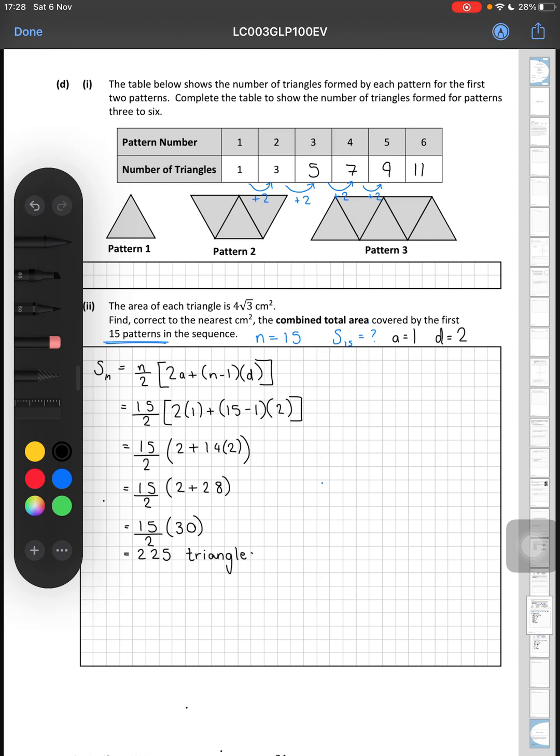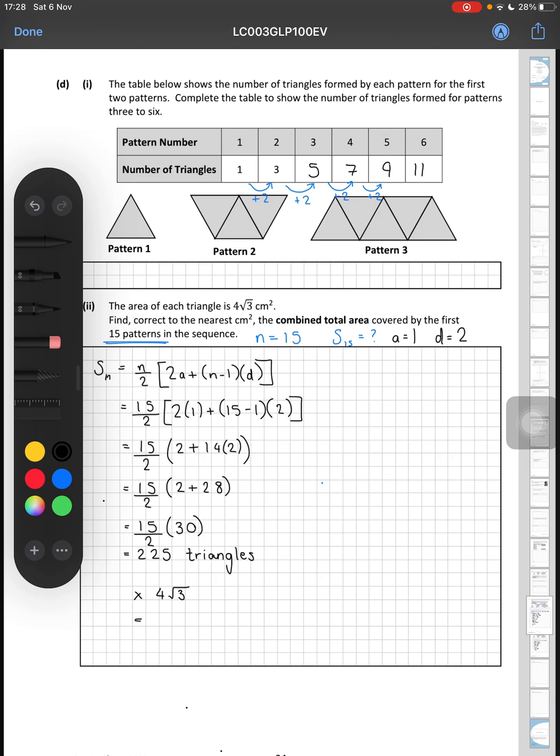So this is just getting how many triangles we have up until the 15th term. So we're going to have 15 squared. So we have 225 triangles. Okay, so that's all of the triangles, up until and including pattern 15.